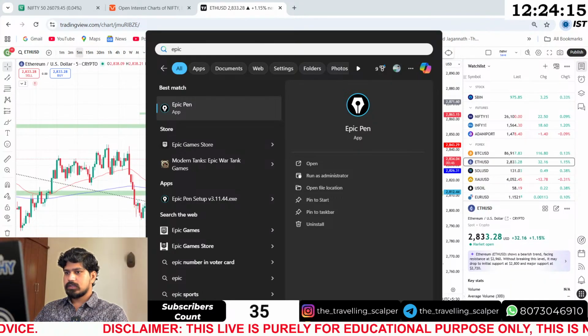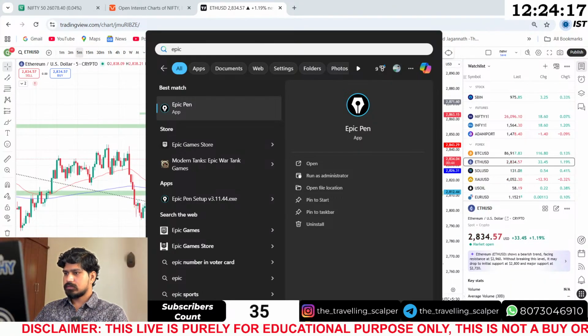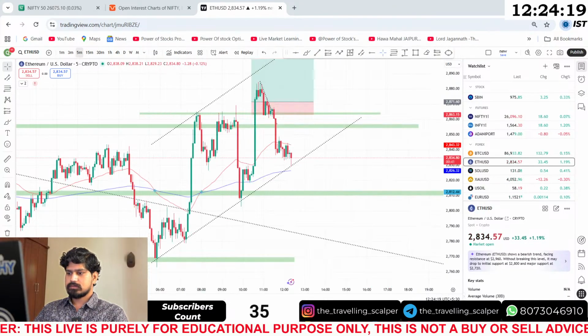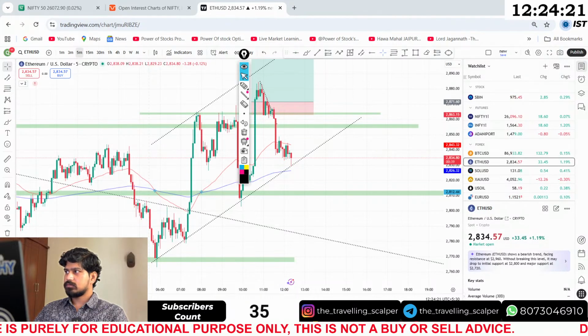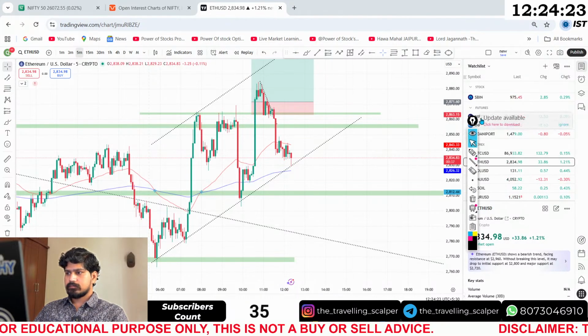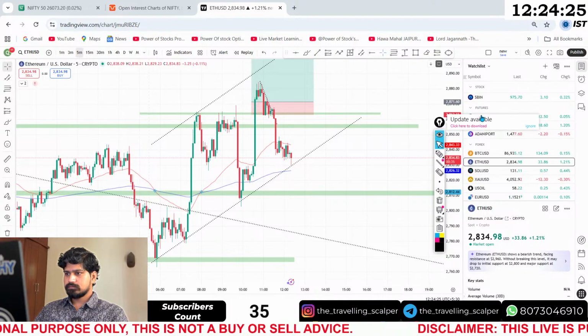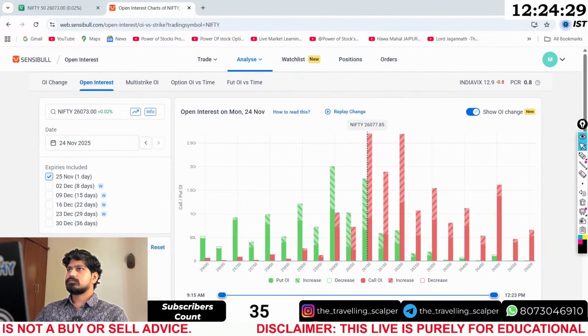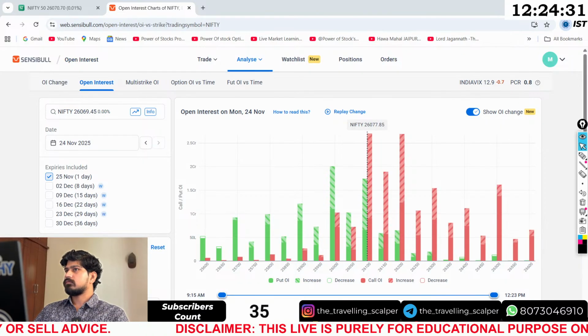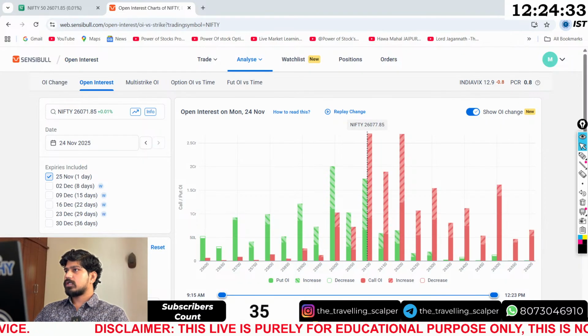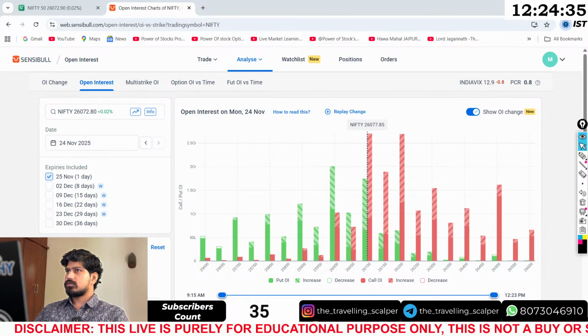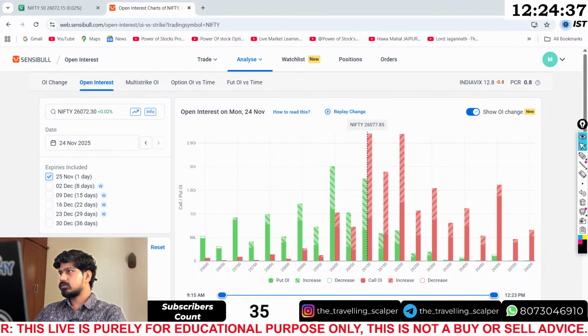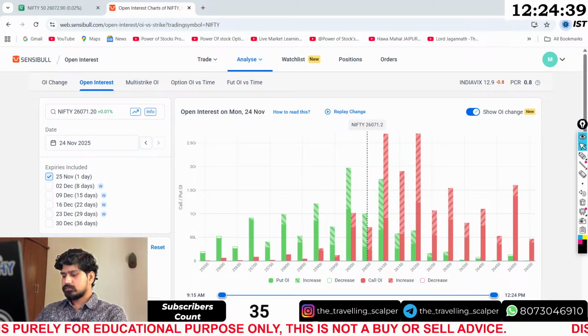One second guys, one second. Ethereum and Binance both are trying to take support. Bitcoin is also trying to take support.